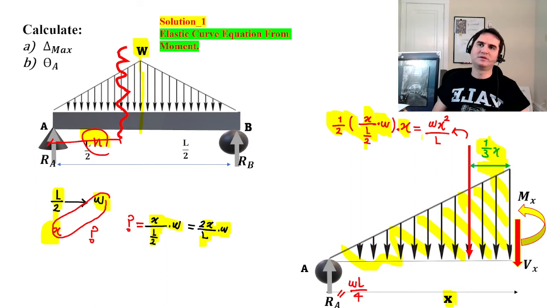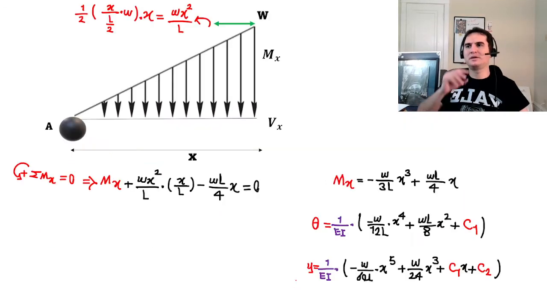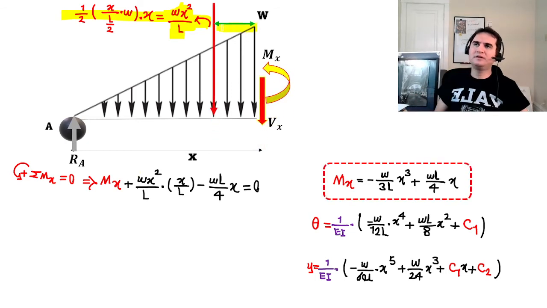So that's half of height times base. Our base is x, and our height is the intensity of the load up to this point, which comes from 2x over L times W. Developing the equation, the force is Wx squared over L. That force is applied at one-third from the base.